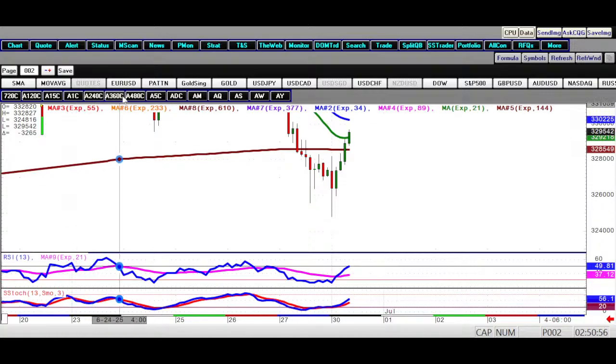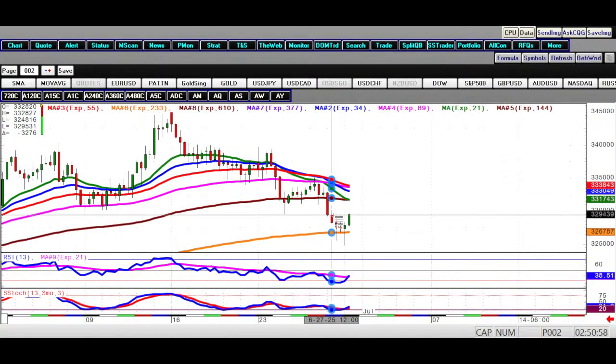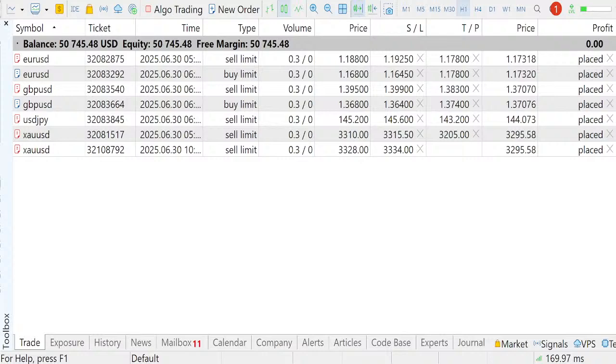Okay, I want to go for a sell. Sell at this 95 half. I just want to sell.